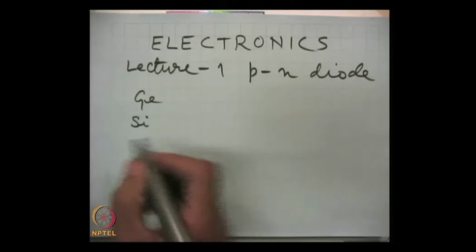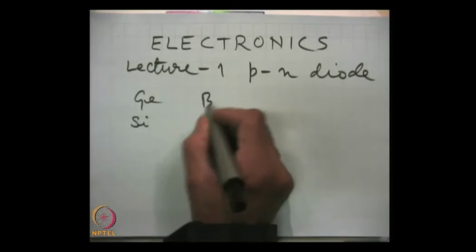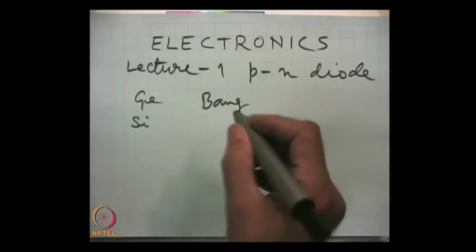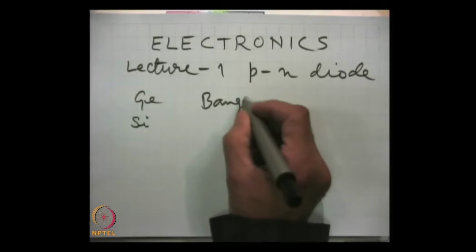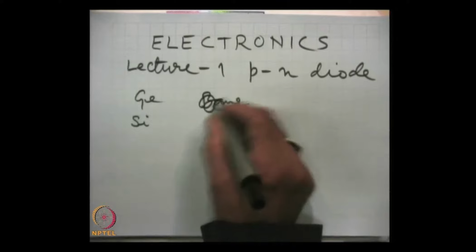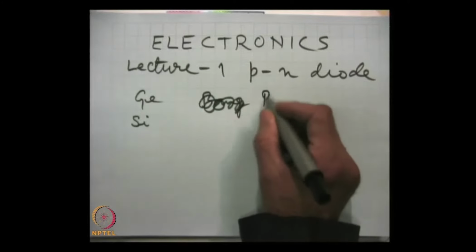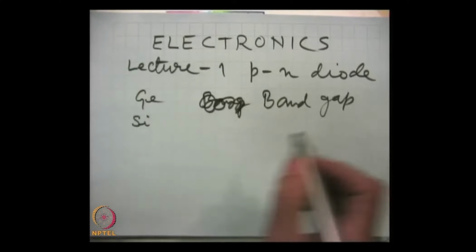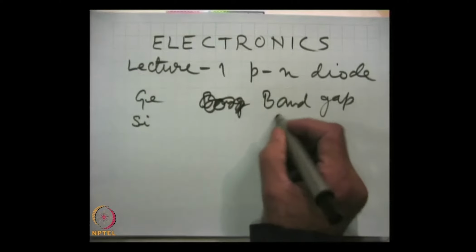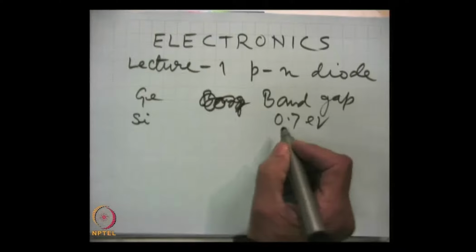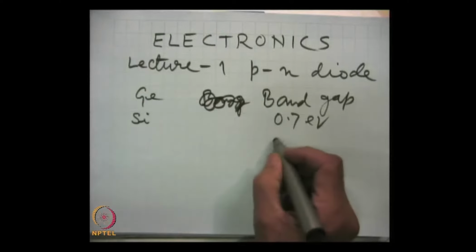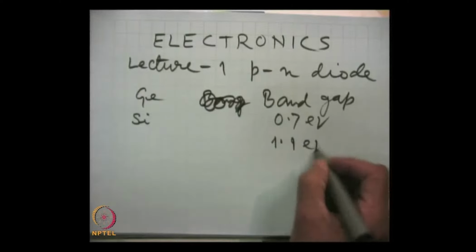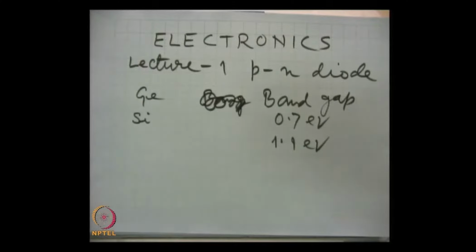Germanium has a band gap of 0.7 electron volt and silicon has a band gap of 1.1 electron volt.